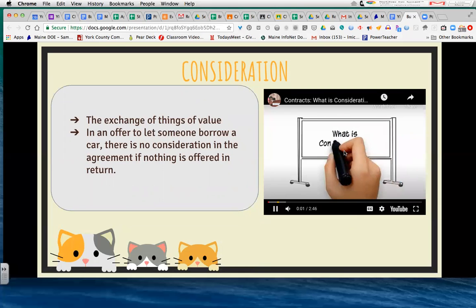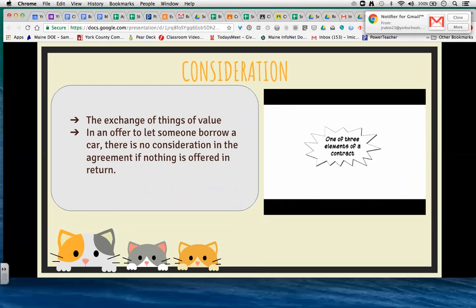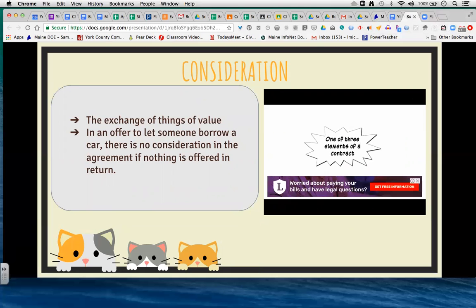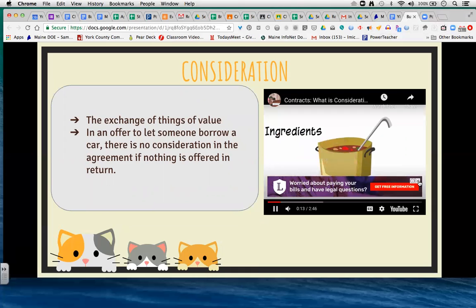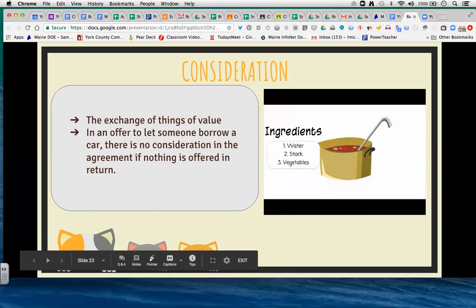In this video, we will discuss consideration and the formation of a contract. Consideration is one of 3 elements that are needed to make a contract. Elements are like ingredients. Think of the ingredients you might need for a soup. And if we're missing ingredients, then we don't have soup.